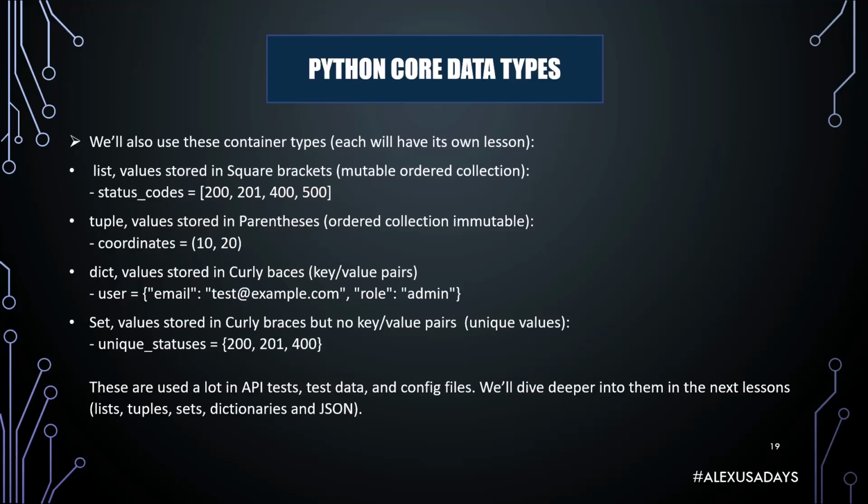We will also use container types, and each will have its own lesson, but we'll have a brief coverage here. So we will use lists, with values stored in square brackets, and it's a mutable ordered collection. That means you have multiple values stored in the list, and you can change those values, reassign the values within the list.